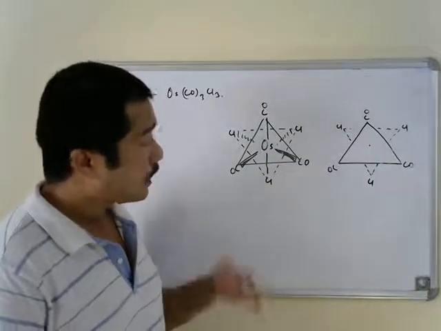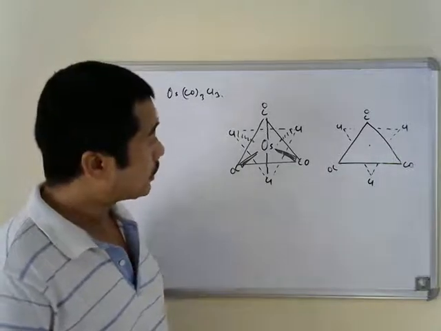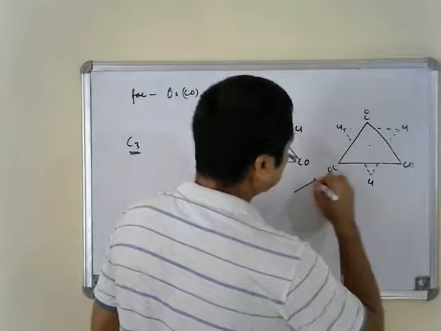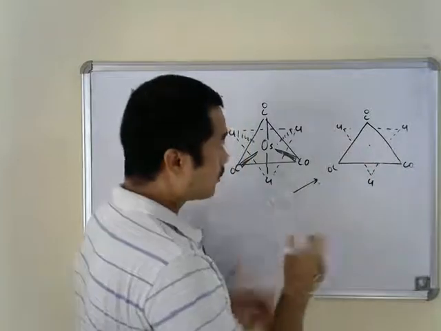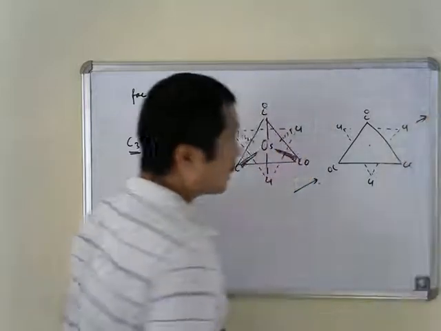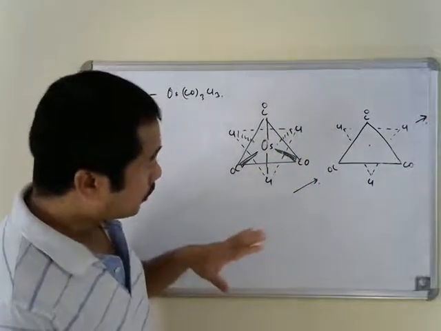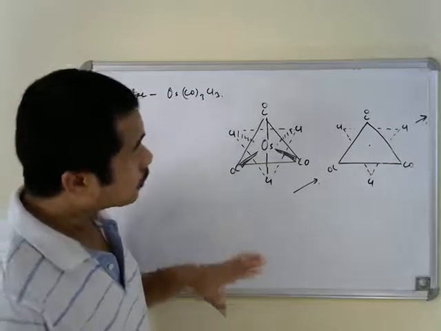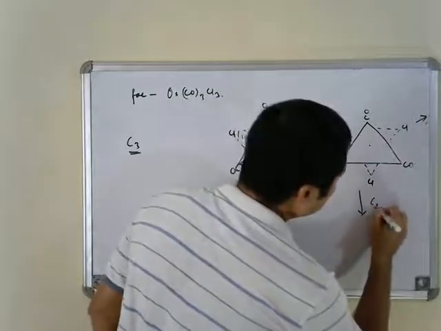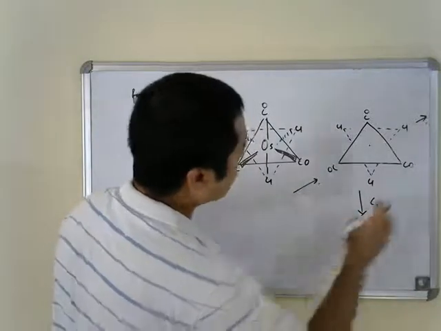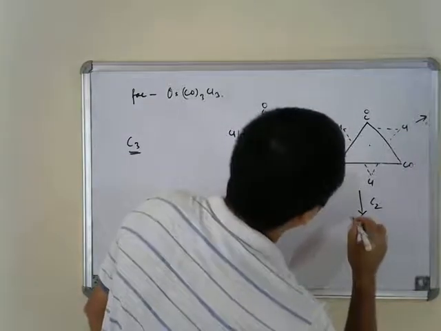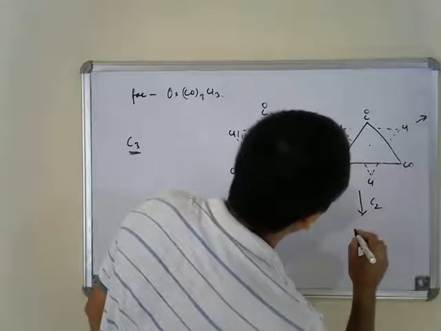If you try to do so, like we did for the last molecule, here in this case, if you do a C2 rotation with respect to a C2 axis which is sandwiched between the two triangular faces, passes through the oxygen atom, and goes in this direction, you will find that the bottom triangle will come to the top while the top triangle will go to the bottom. So the top triangle will go to the bottom.